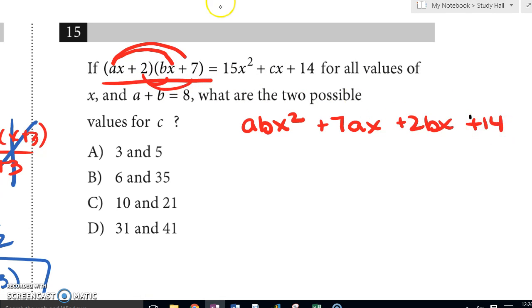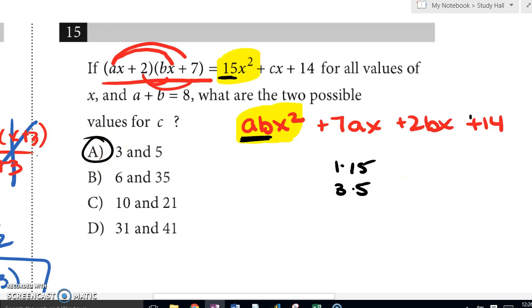Okay, and as confusing as that might look, what we do notice here is that the only x squared term is 15x squared, and in our polynomial where we're missing information, it's abx squared. So what that tells me is that a times b needs to be 15, right? Well, what are the options for a times b? 1 times 15 or 3 times 5, okay?